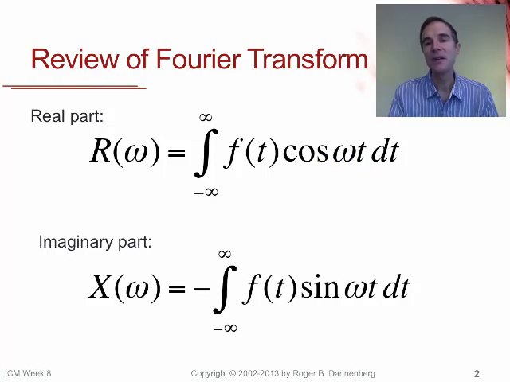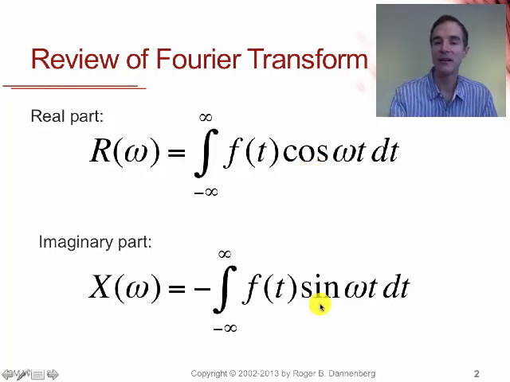And effectively what's going on here is we're computing the correlation between the time domain signal and that particular frequency. So this acts like a filter that, when we integrate, pulls out the part of f of t that is represented by cosine at this frequency. And similarly, we get the imaginary part just using the sine at each frequency.